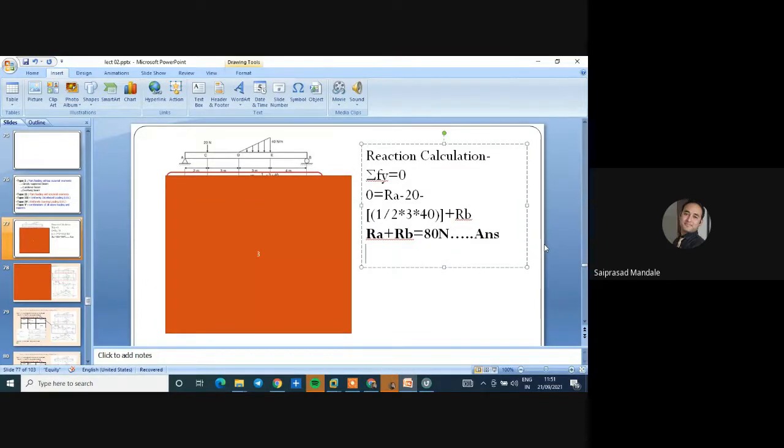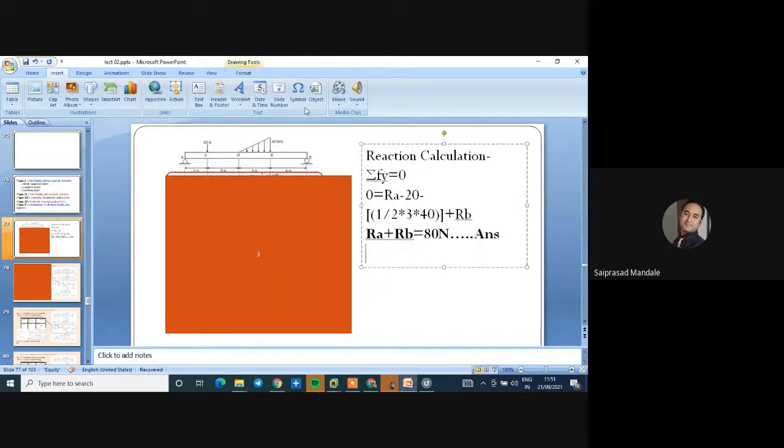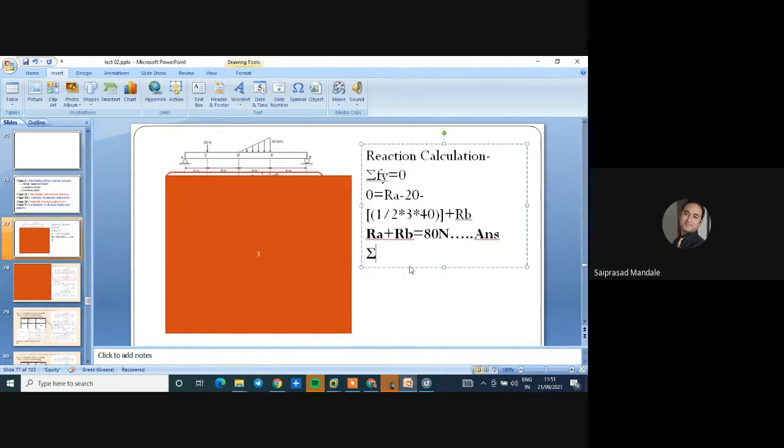The next term is the summation of moment about A. Can anybody try to tell me the summation of moment about A is equal to what? Summation of moment about A is equal to 0.